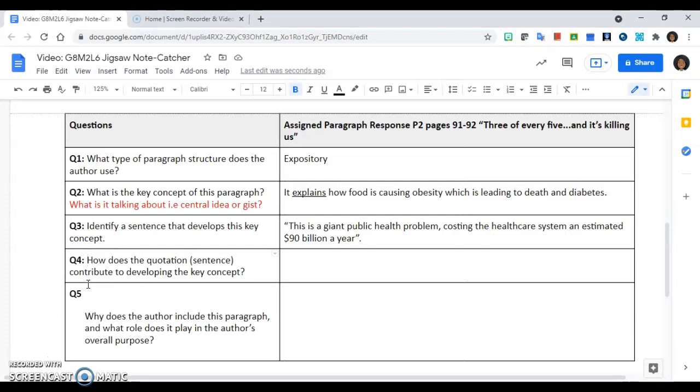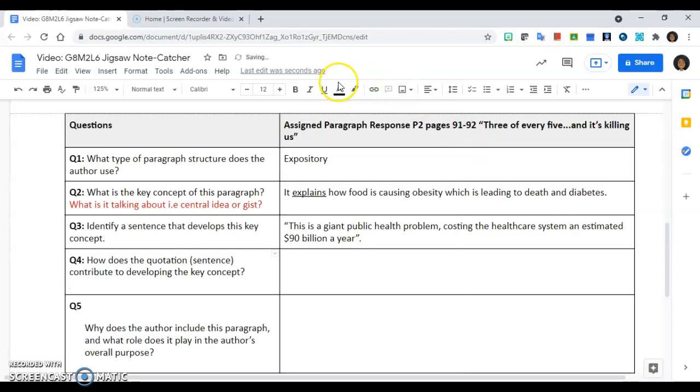How does it contribute to that? So basically you have to connect your concept to your evidence.